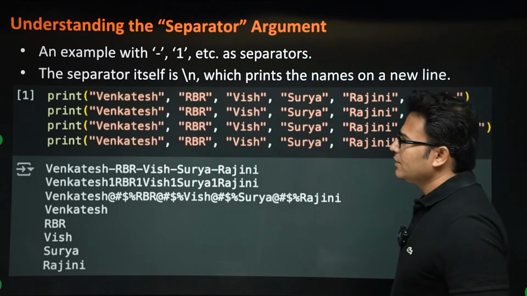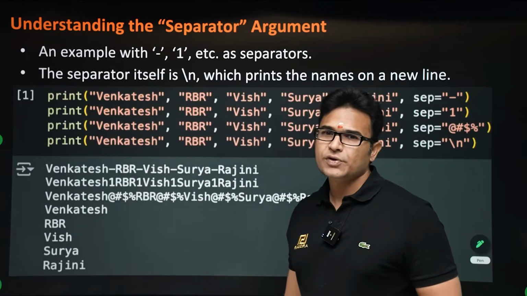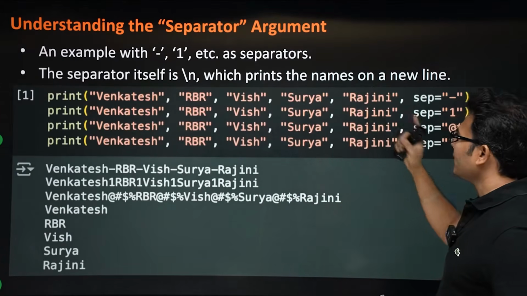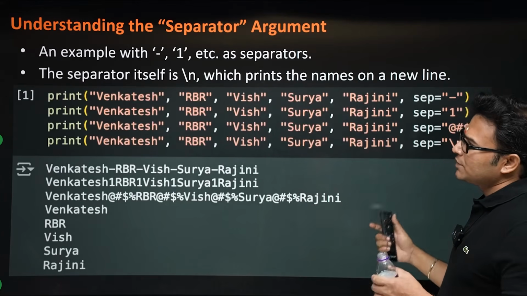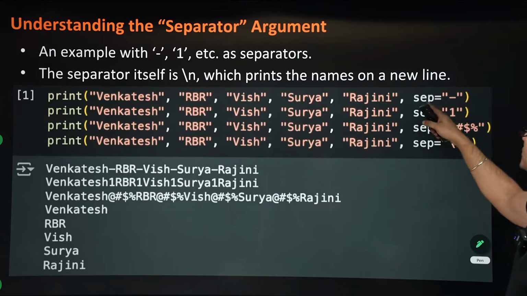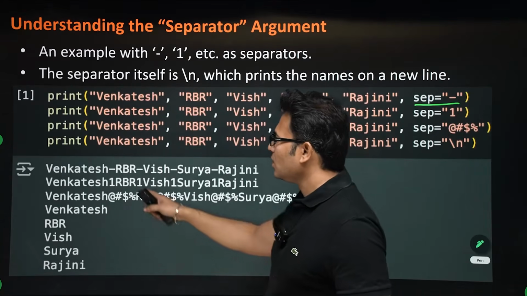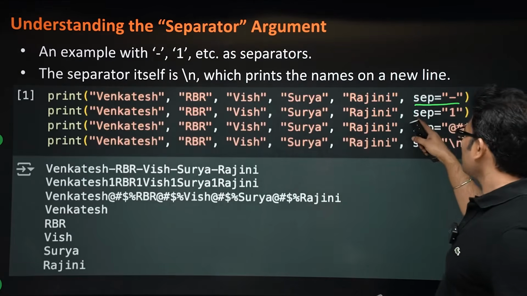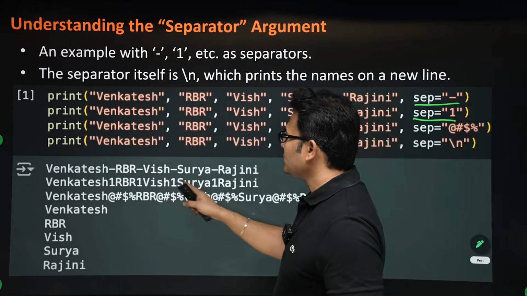Now let us say we have a statement in which we have various strings available: Venkatesh, RBR, Vish, Surya, Rajani, right? Now you want them to be separated by something. For example, if I give separator as hyphen, then you can see that all the hyphens are coming. Now if you say separator is 1, then you can see that after every string 1 is coming.